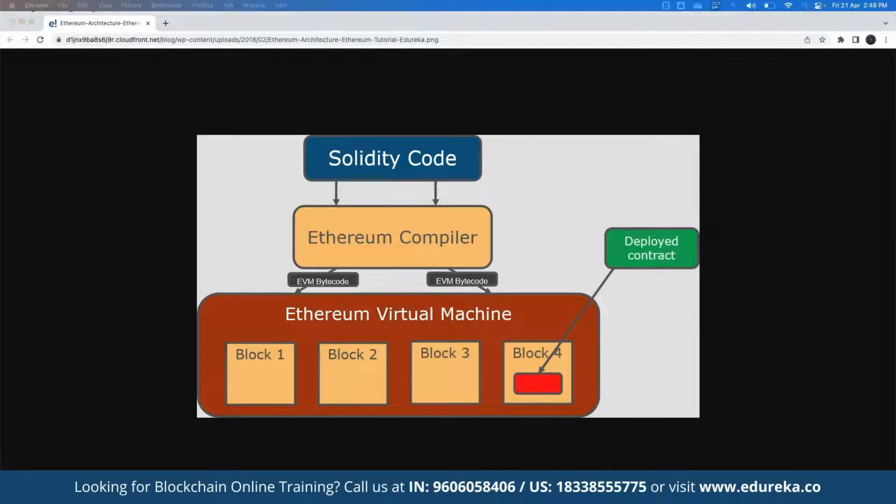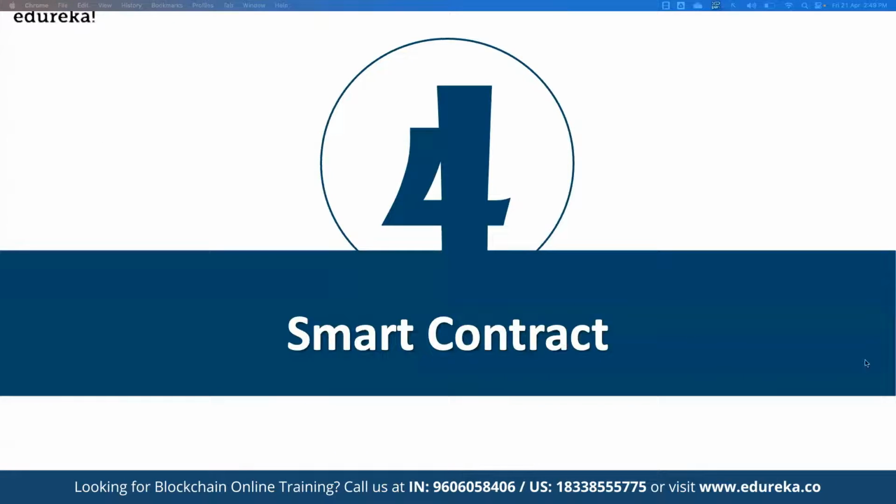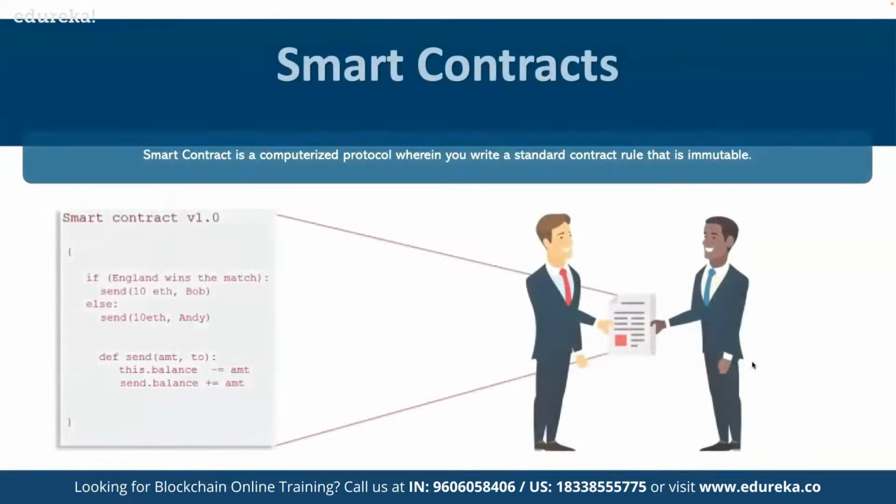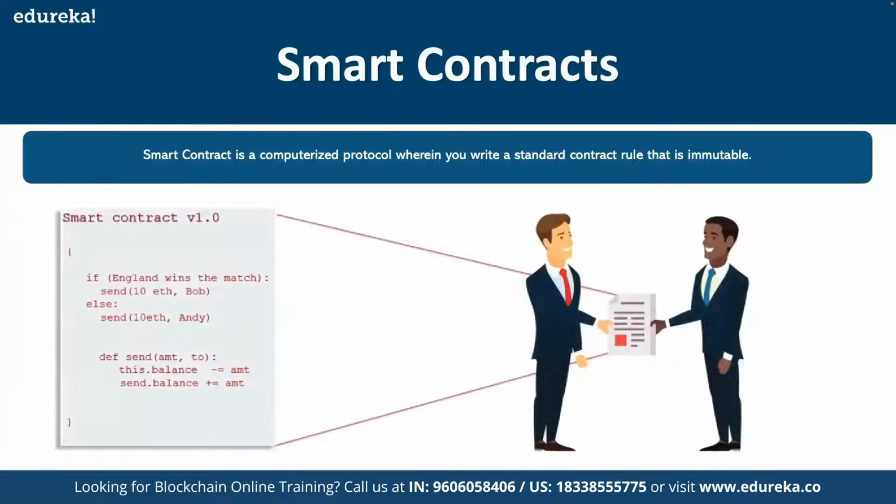Now, coming back to our learning journey, let's talk about the contracts, that is the smart contracts. So let's look into the smart contract. See, a contract that self-executes and handles the enforcement, the management, performance, and the payment, that's actually called a smart contract.